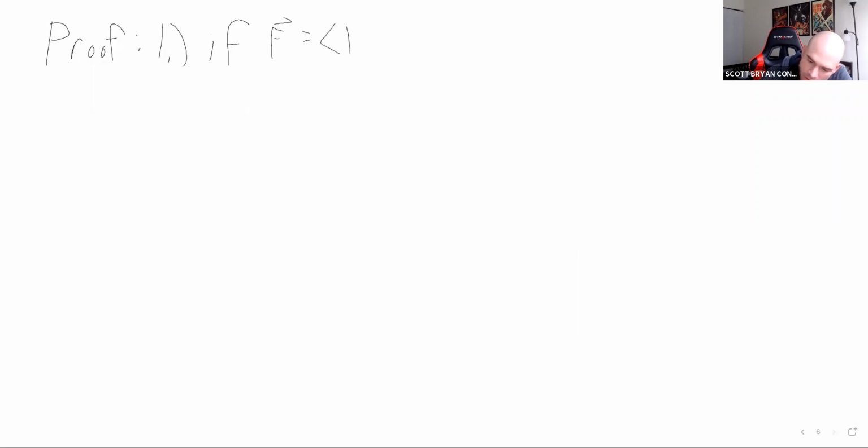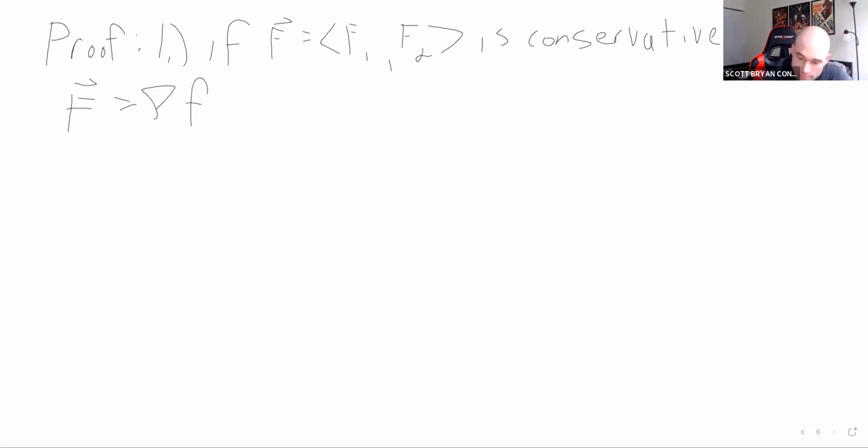So our vector field F1, F2 has to be equal to the gradient of some function f, some potential.